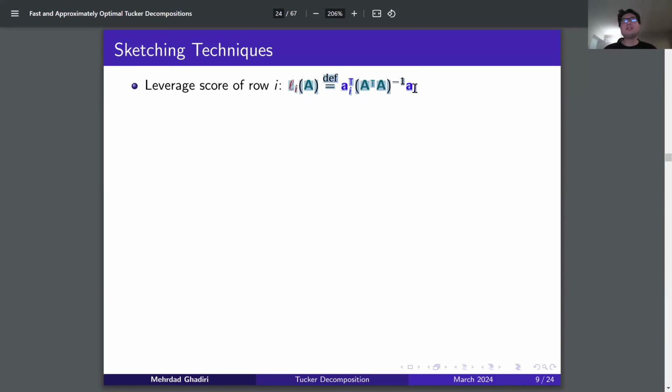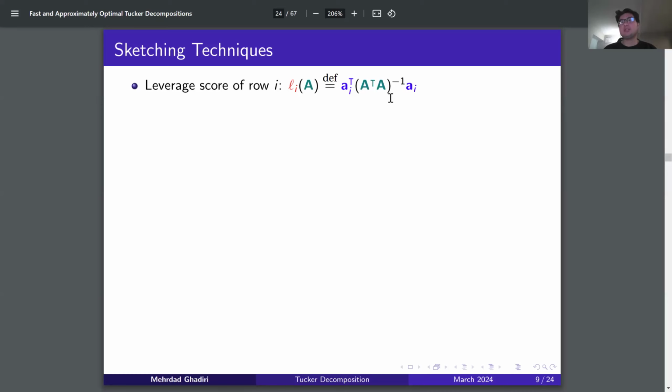Leverage scores are defined as this. So A_i is row i of matrix A, and this is the leverage score of row i of matrix A. It looks complicated, but essentially it means how important row i is in the row space of matrix A. So if, for example, I have some row that is orthogonal to all the other rows, its leverage score would be 1.